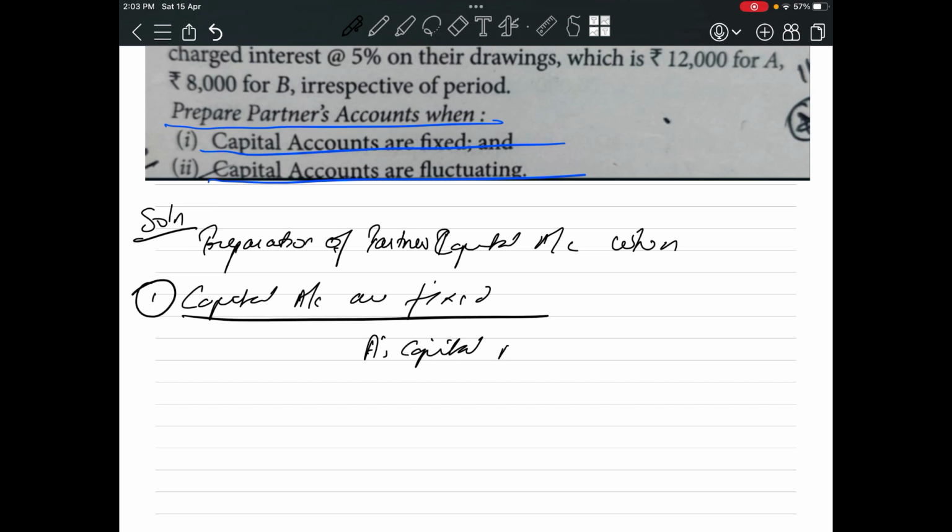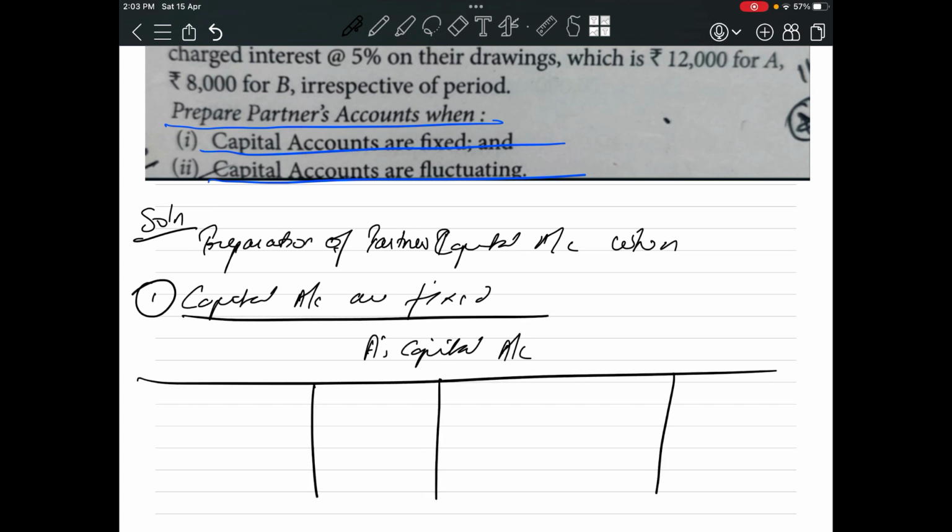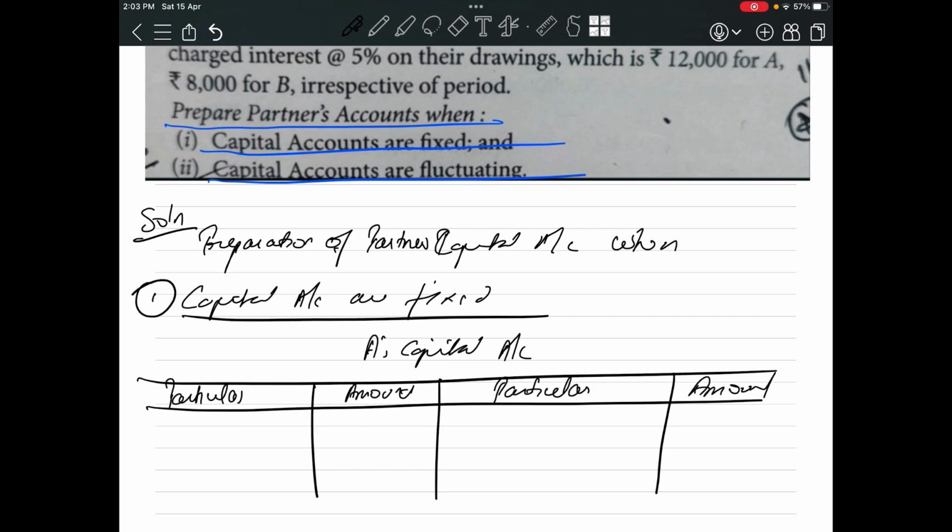So let's prepare A's capital account first. Particulars, amount; this will be the debit side and this will be the credit side.